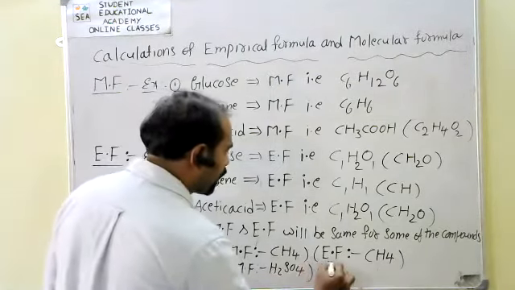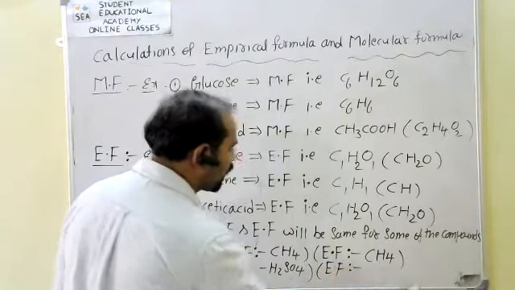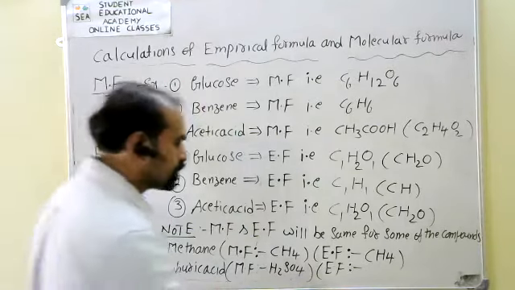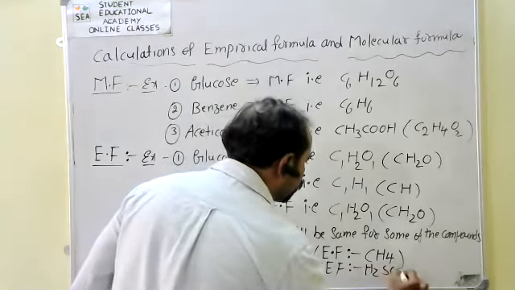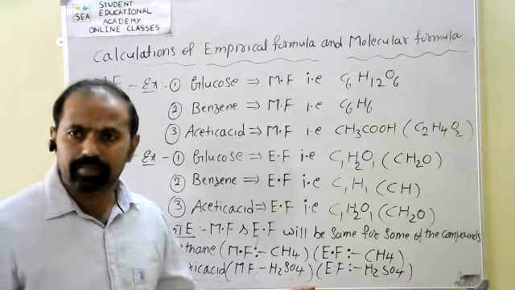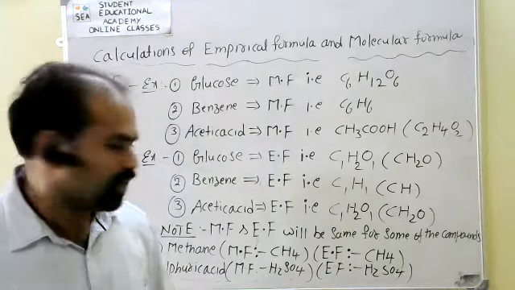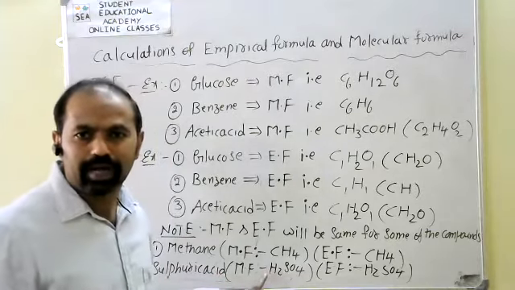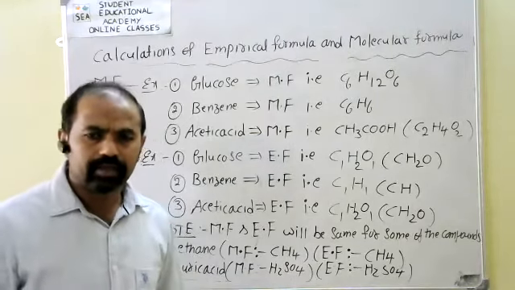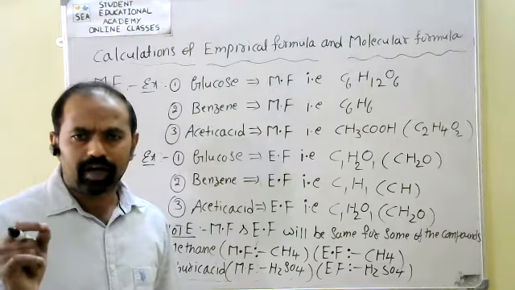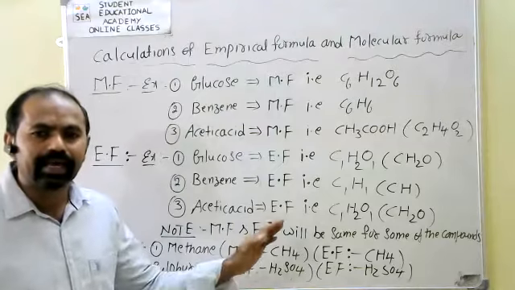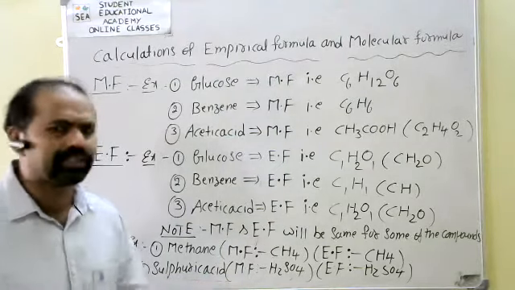If we take its empirical formula, what is the simplest ratio there? There is no difference, 2:1:4 only. We cannot reduce the ratio. So the empirical formula is also H2SO4 only. So for sulfuric acid, molecular formula and empirical formula will be the same. Finally, we can say molecular formula and empirical formula will be the same for some compounds like methane and sulfuric acid and so on.